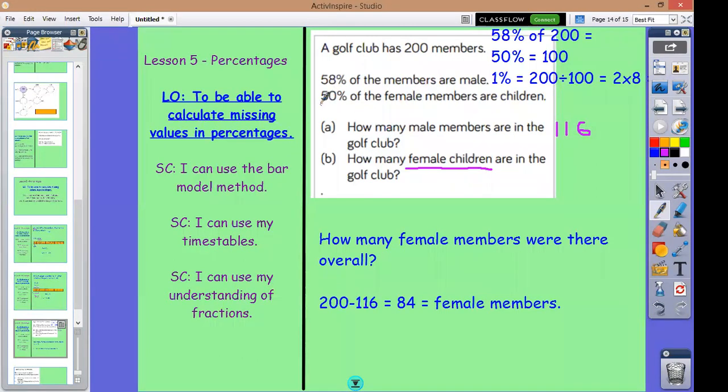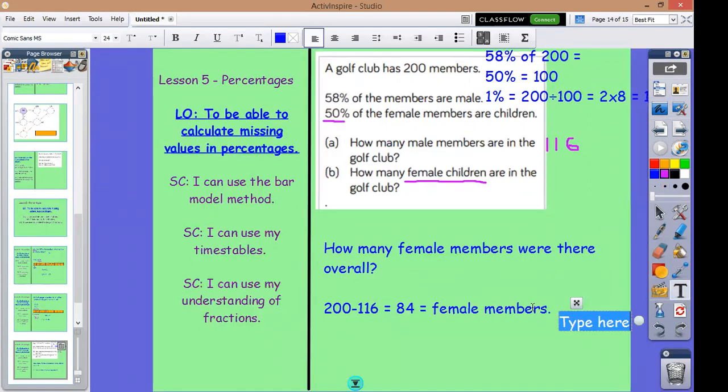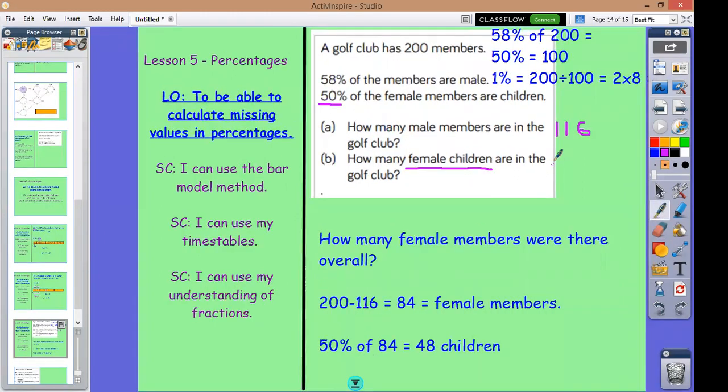Now, if I look at this key thing here, 50% of the female members are children. So now that I know that, I need to find out 50% of 84, which would equal 42 children. 42 there. And that's how you solve percentages that involve missing values.